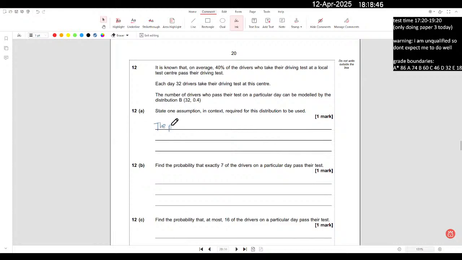The probability one driver passes their driving test is independent of other drivers passing their tests.